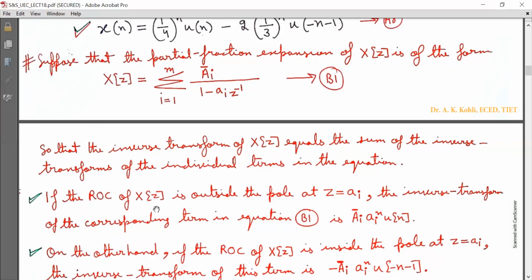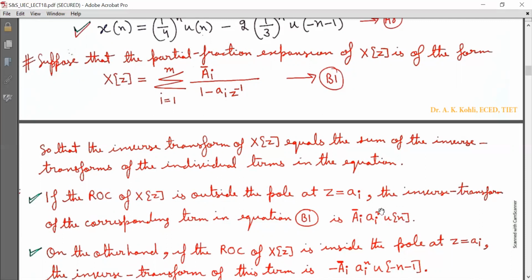Now, if the ROC of X(z) is outside the pole at z equal to a_i, this is a very important point, the inverse transform of the corresponding term in equation B1 is A_i bar a_i raised to the power n u[n].